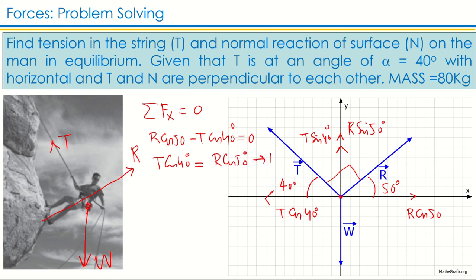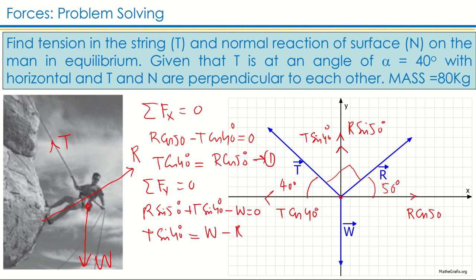That I call equation number 1, and similarly along y direction equal to 0. So R sine 50 plus T sine 40 minus W equal to 0. So I can rearrange this as T sine 40 degrees equal to W minus R sine 50.